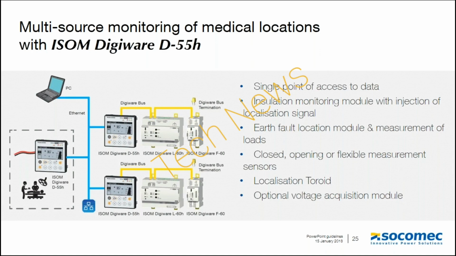So here is an insulation monitoring device, which is represented by the L60H. Let me just get my pen out. So this is the L60H. This is the IMD. All right, and next to it is the F60H, which is the earth fault locator. So the toroid CTs are connected to this.